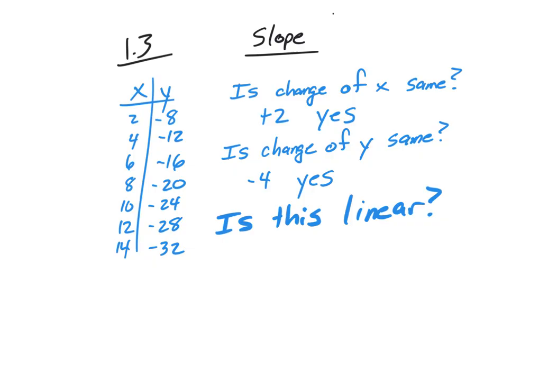Both change of x and y have to be the same value. So we would say yes because both x and y are the same. They don't have to be the same number, but they have to be the same change all the way down for both. Okay, like this one happens to be +2, this one happens to be -4.